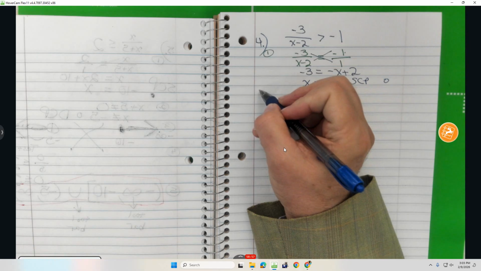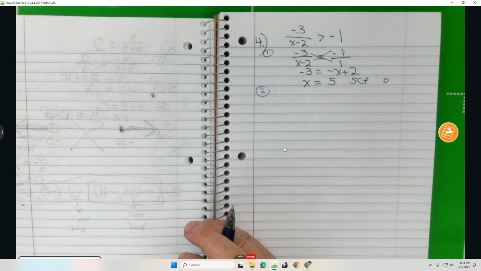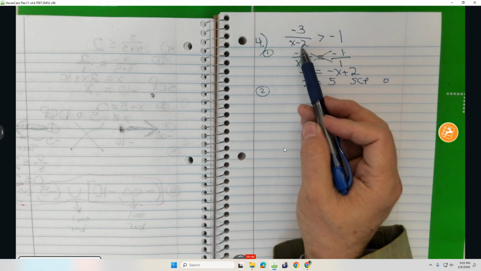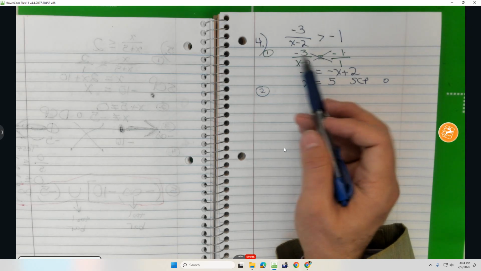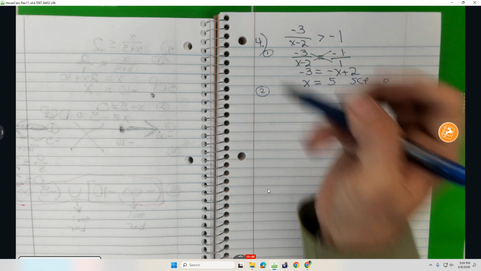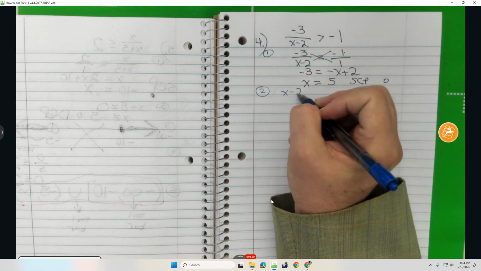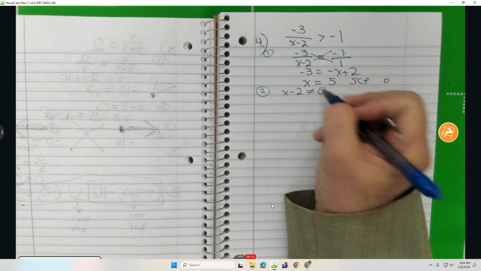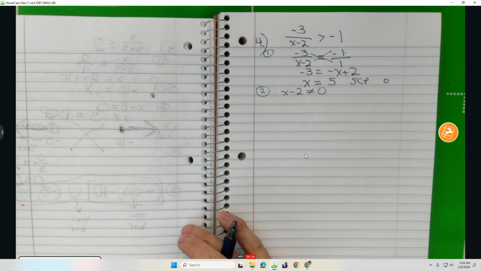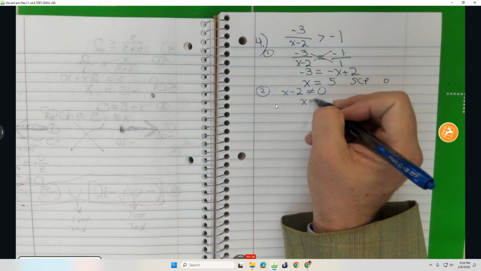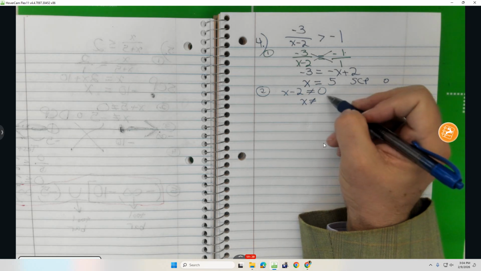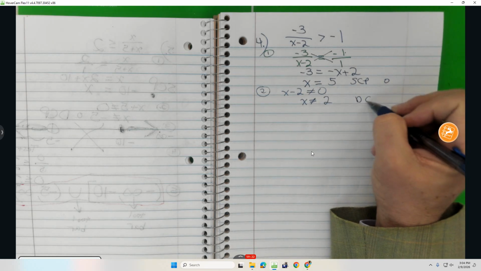Step number 2, denominator cut points. You take any denominator that appears. If there's more than one denominator, you're going to have to use them both. But there's only one denominator, x minus 2. You don't want that to equal 0. So that means x cannot equal 2 for my denominator cut point.